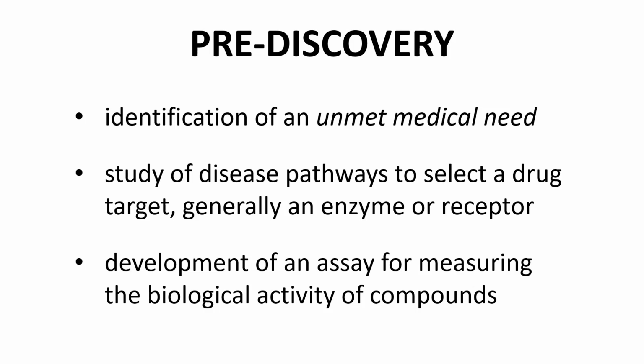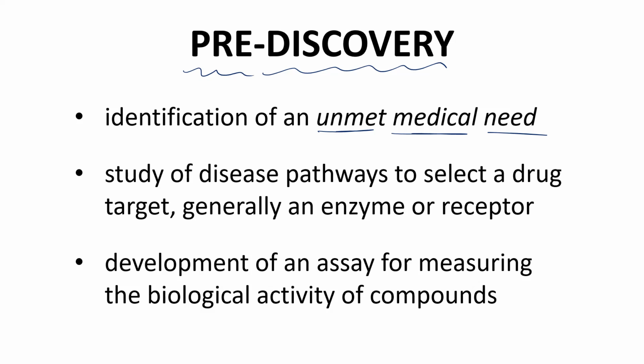Occasionally, you might encounter the term pre-discovery. Pre-discovery covers activities such as identification of an unmet medical need, which is the opportunity for creating a new drug. With an unmet need selected, preliminary research on biological pathways might be required to understand how a molecular drug might affect a disease.